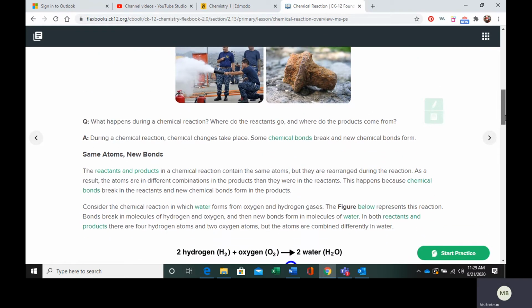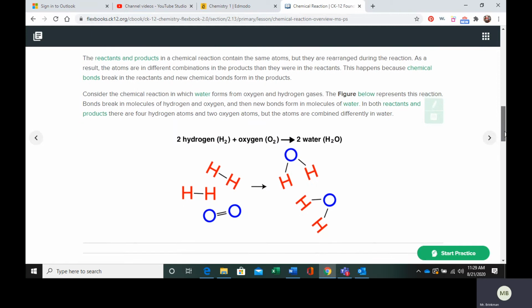When you have a chemical reaction, you have your reactants on the left. These are the things that react. That's how you remember reactants. You have your products on the right. These are the things that are produced. That's how you remember products. This is the chemical equation where hydrogen gas and oxygen gas combine to form water.